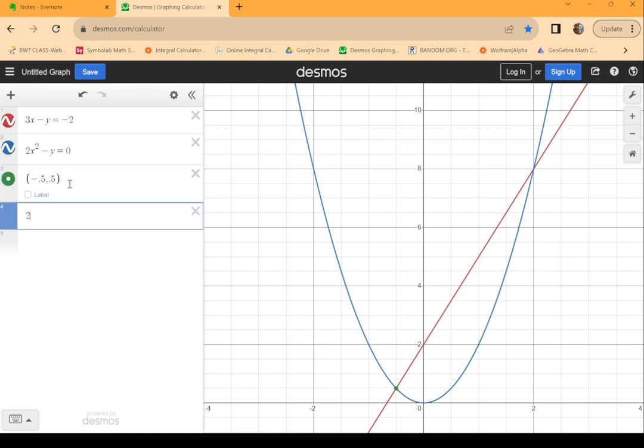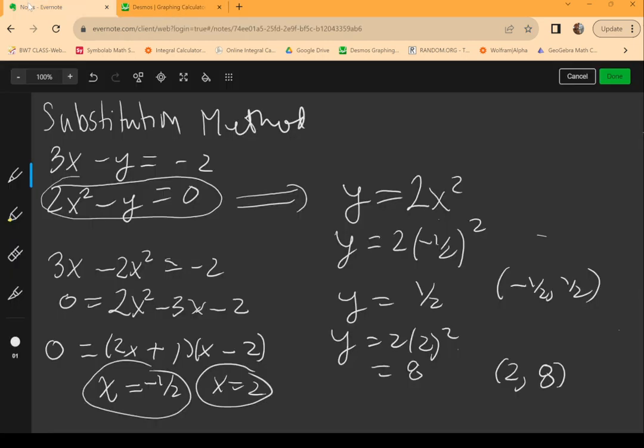The other one was 2, 8. Right. And we see what it means for it to be the solution, that it is the point of intersection that is on both of those graphs. Okay, so that is how you solve a nonlinear system using the substitution method.